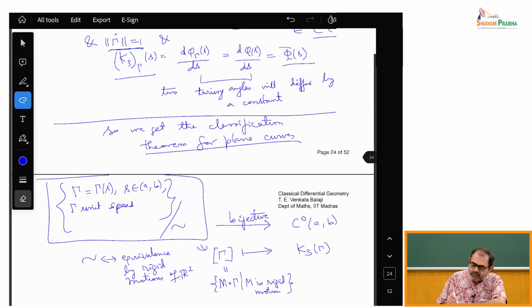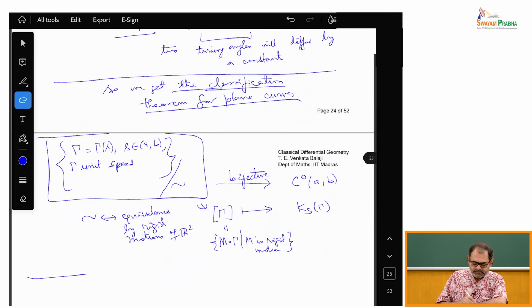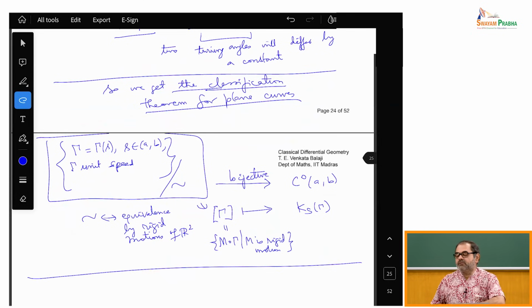So there's one thing that I wanted to say, that somewhere I mentioned that when you take a rigid motion of R2, you can break it down into translation, and what is left will actually be a rotation.